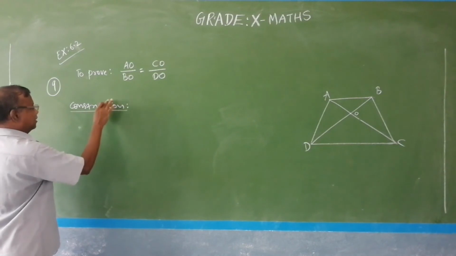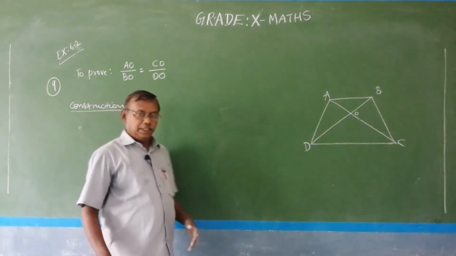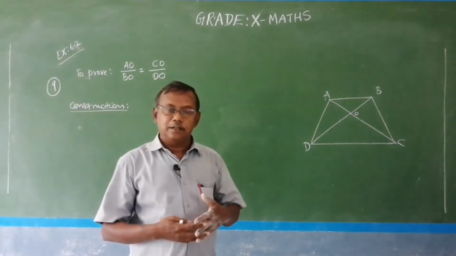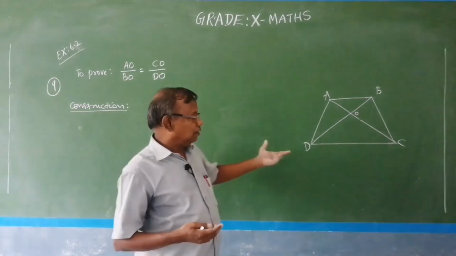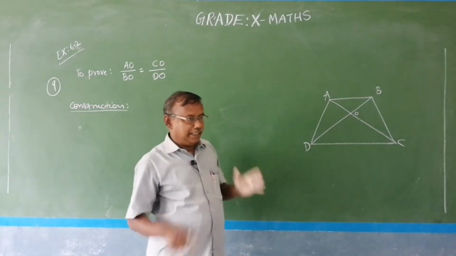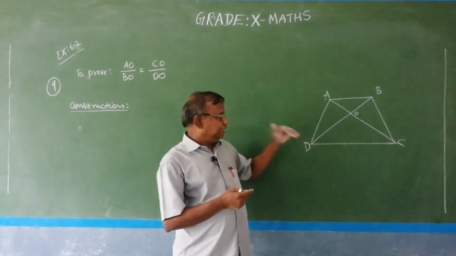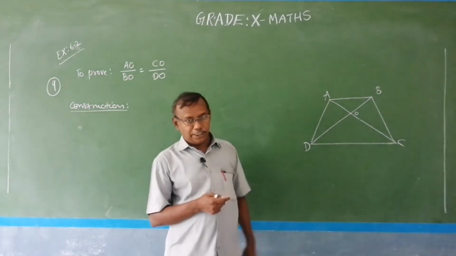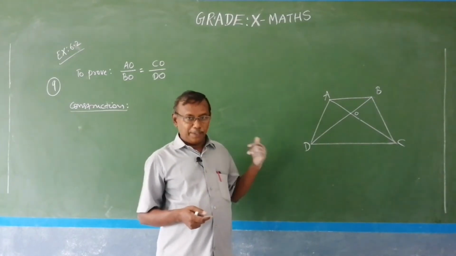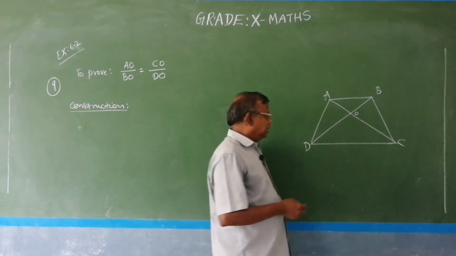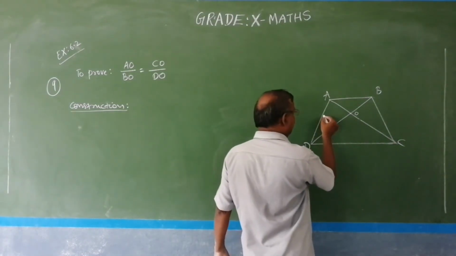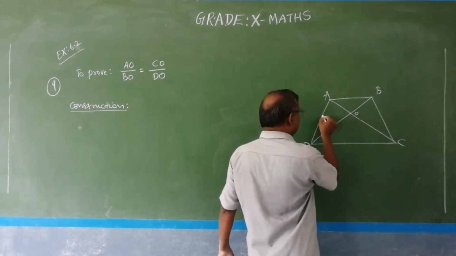Why do we need construction? Because we are using the BPT theorem to solve problems like that. In the BPT, we have a line in a triangle which is parallel to one side. So, we need a line which is parallel to one side of this given figure. Here, let me draw a line parallel to DC or AB, that is OE.